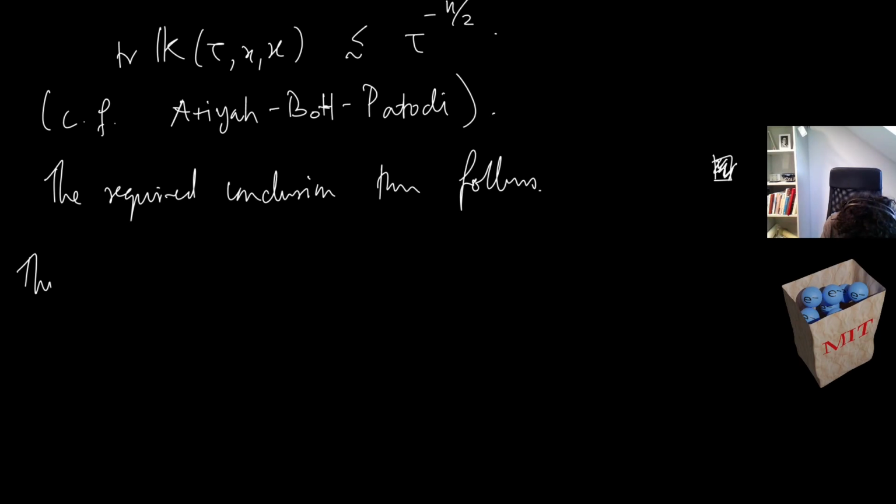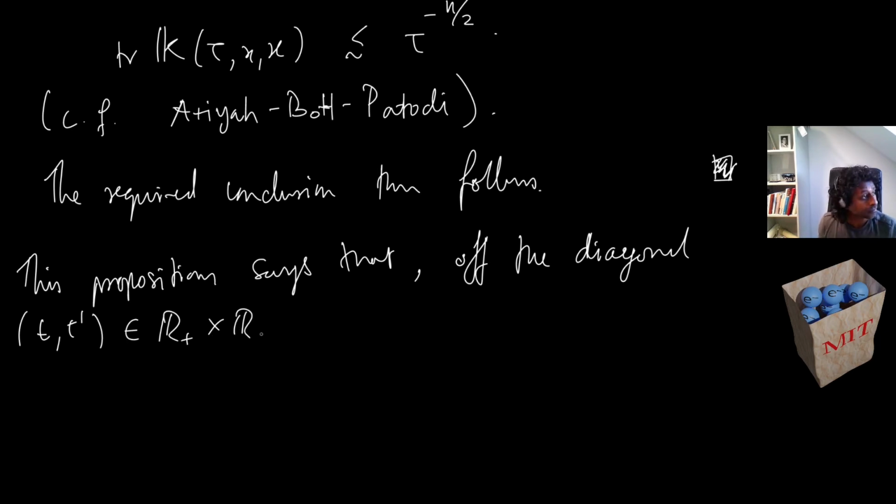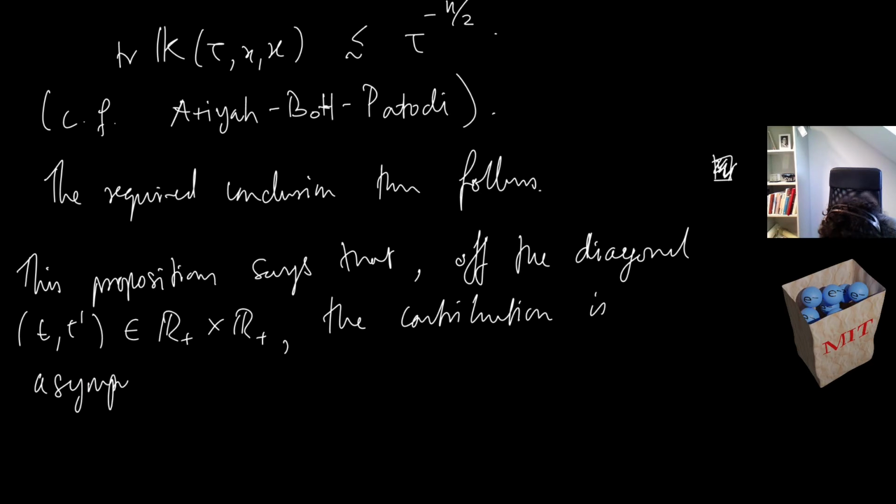So let me just write this down. This proposition says that off the diagonal t, t prime in R plus cross R plus, the contribution is asymptotically small.